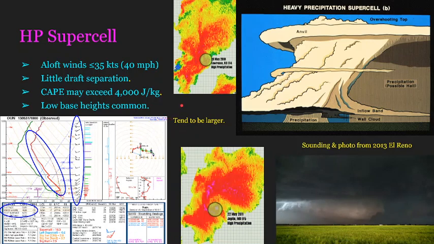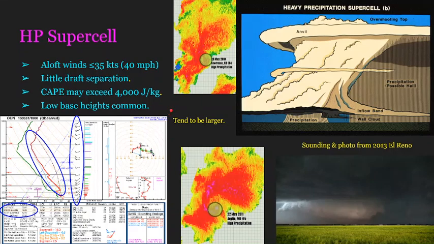On top of this, or I guess at the bottom of this, low base heights are common because of the amount of moisture that high precip cells run into. When a classic cell becomes a high precip cell, or transfers over to become a high precip mode, it is because it has encountered enough moisture that it can produce even more rain and likely even more hail.